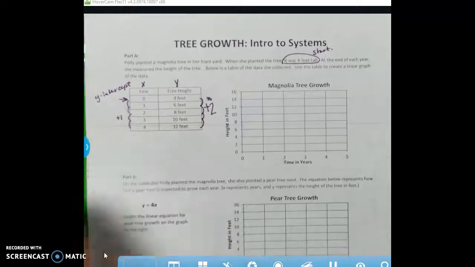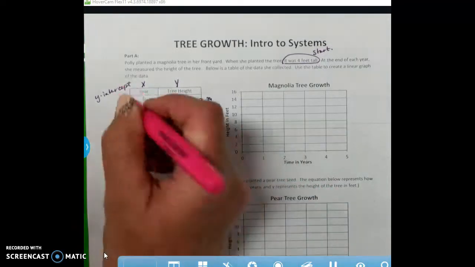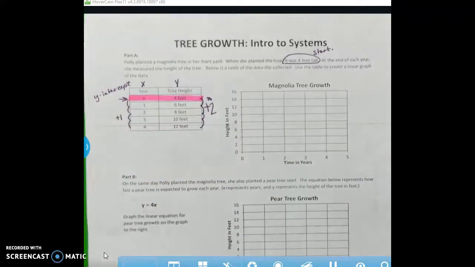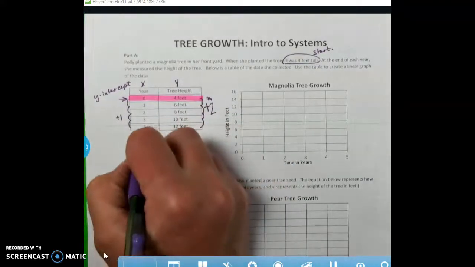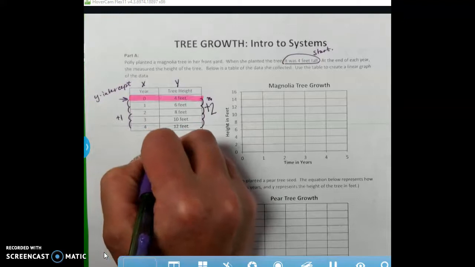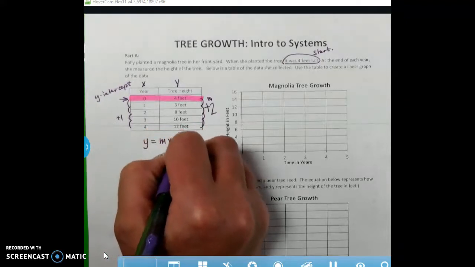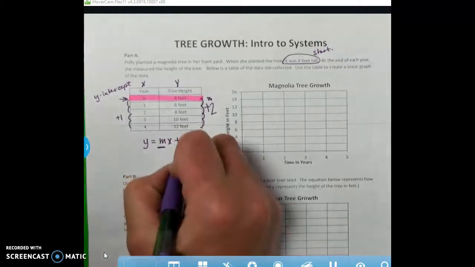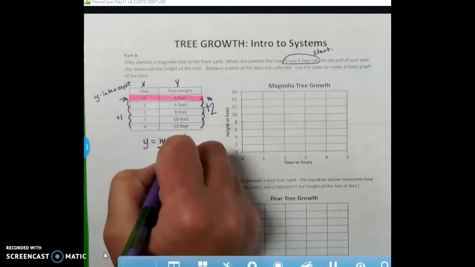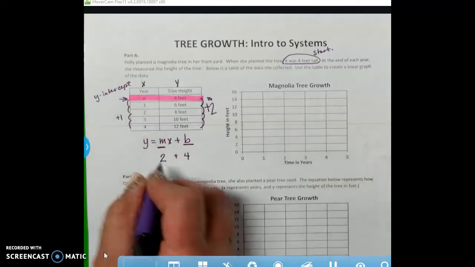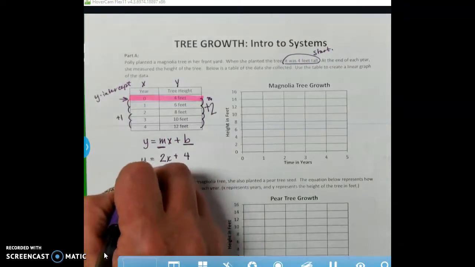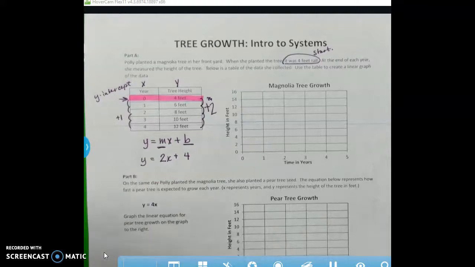So at this point, my friends, we already have everything that we should have for our equation. Let me fill this in, and we know that we need to have only 2 numerical values. We begin with 4 feet, and we know that each year the tree grew 2 feet. Boom, we have our equation.